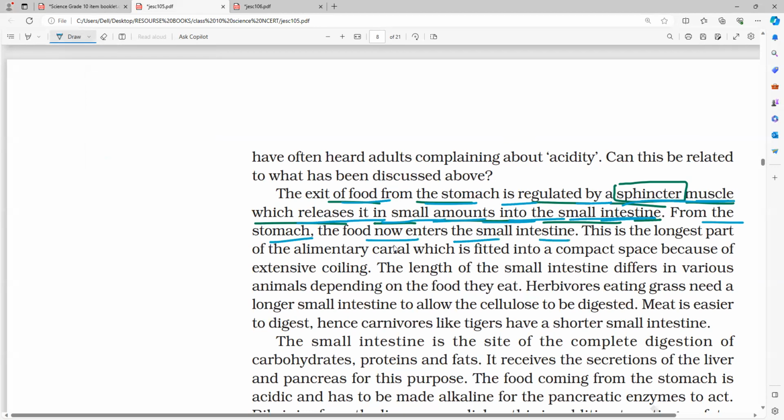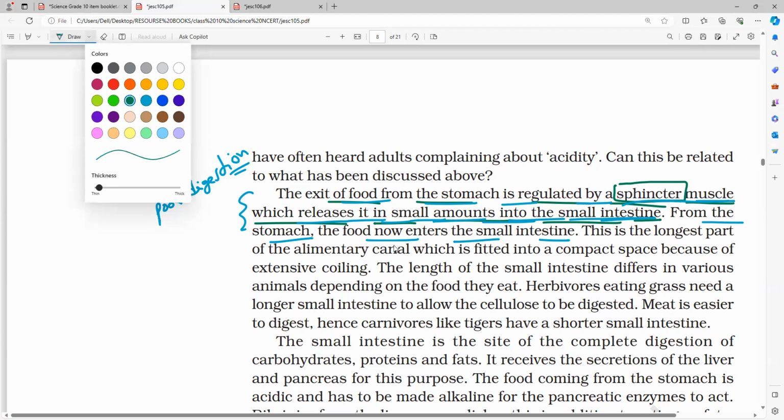Now, if the sphincter muscle fails, what will happen? More food will enter the small intestine, so proper digestion will not take place. It will lead to poor digestion, meaning complete digestion does not take place properly.